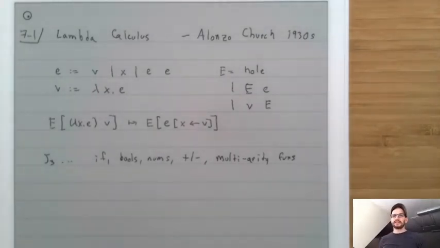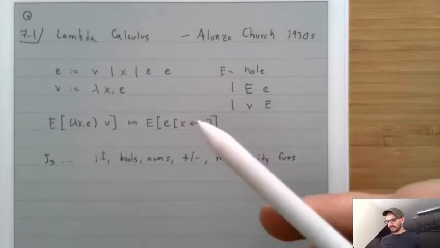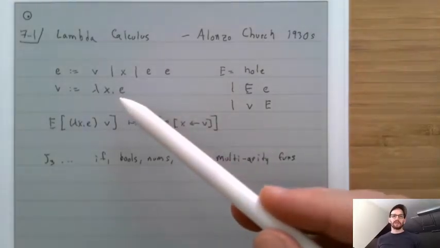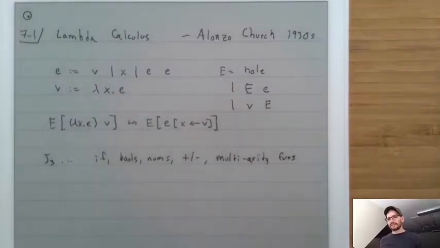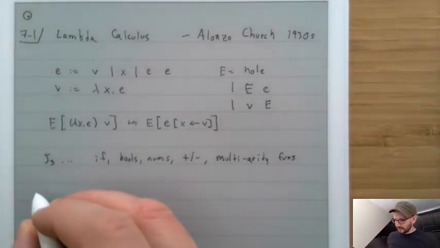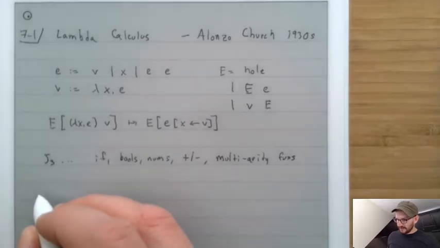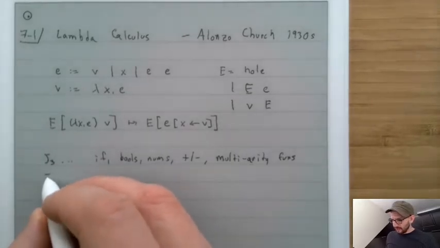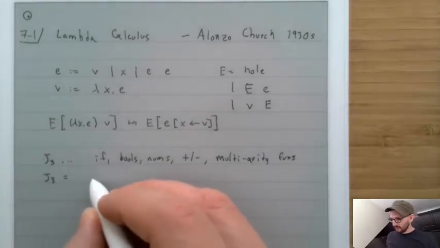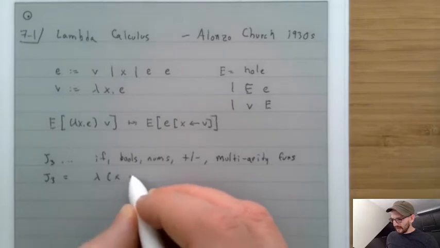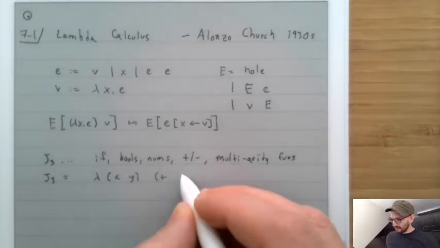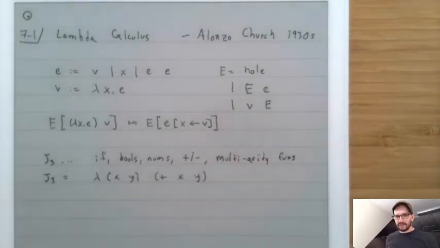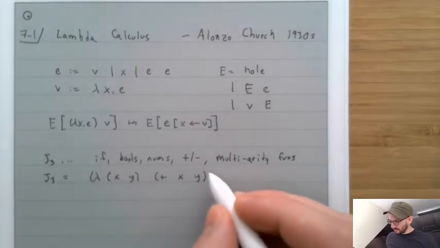Let's look at a little example. Notice that it only has one argument. We can actually simulate multiple arguments with a single argument. Suppose that you wanted to have a function that took two arguments and added them together. In J3, we could write that as lambda x y, plus x y.